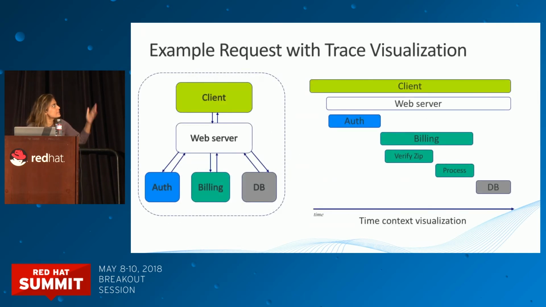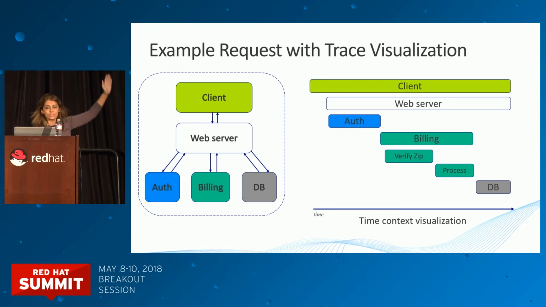This is an example of a request with the visualization of a trace. On my right, your left, is a very simple system and a path: something starts in the client, then the web server, there's authorization, billing, and it talks to the database. On the other side, you'll see that put in the context of time.